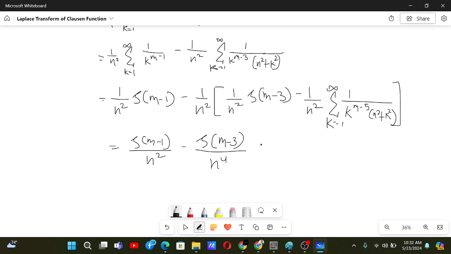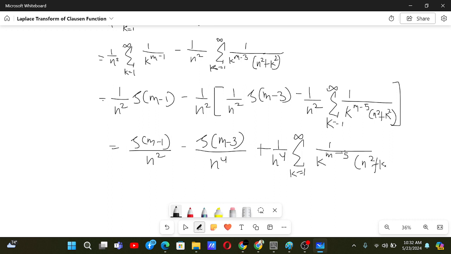Again, this will be plus 1 by n to the power 4 times sum from k equals 1 to infinity, 1 by k to the power m minus 5 times n square plus k square.